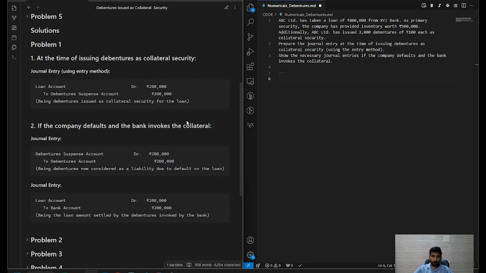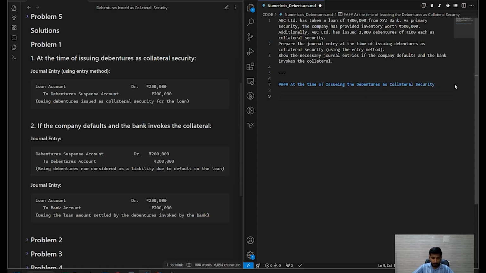Okay, so let us just have a look at it. First of all, we will pass the general entry at the time of issuing the debentures as collateral security.